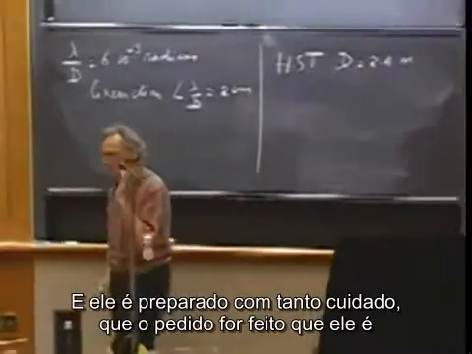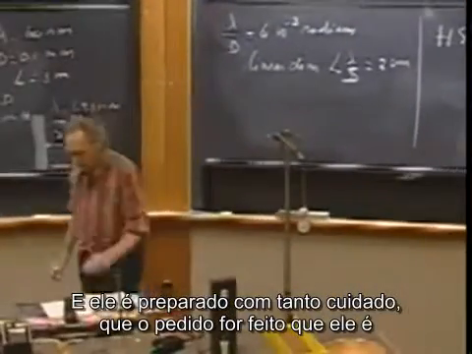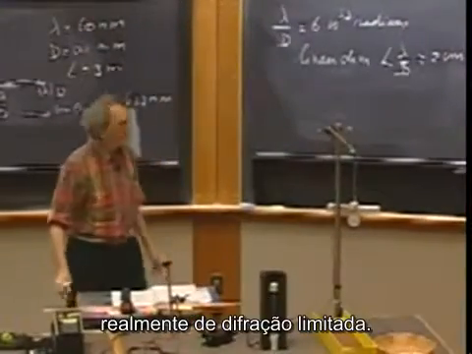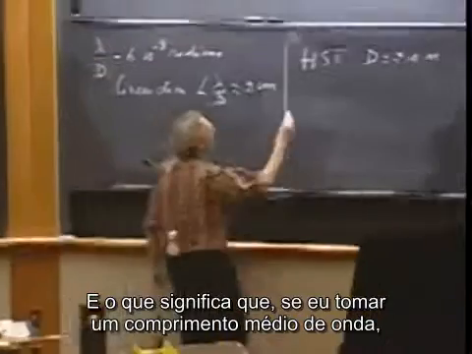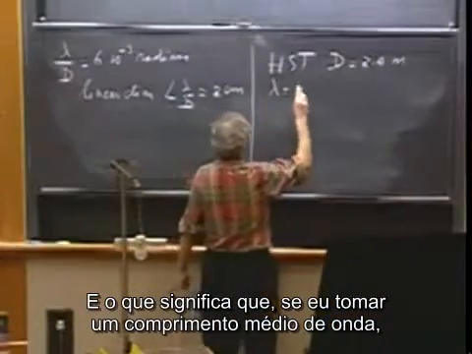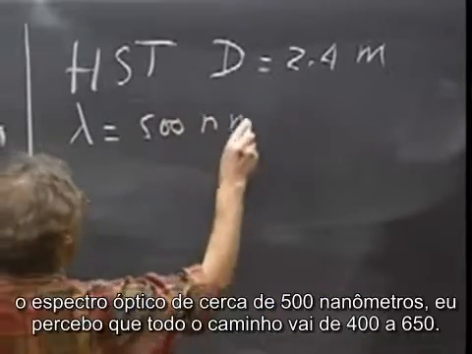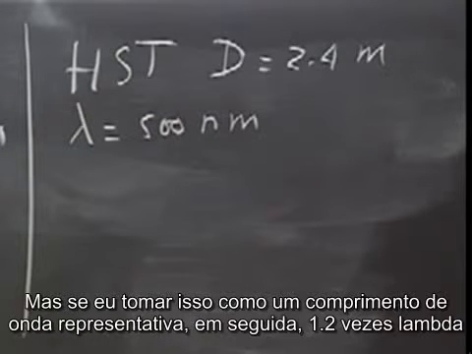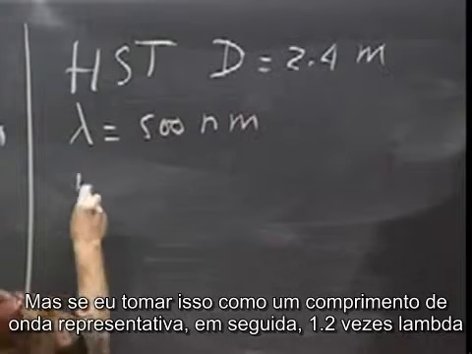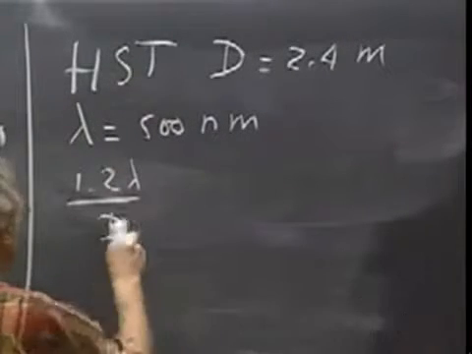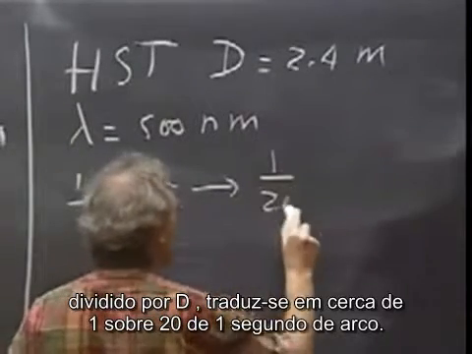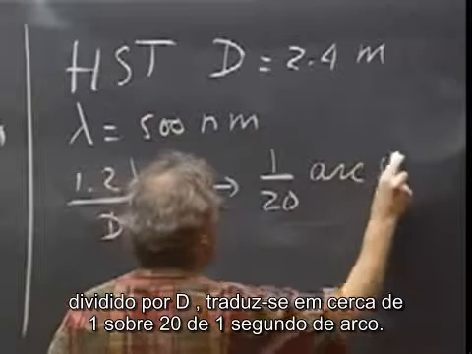And it is prepared so carefully that the claim is made that it is really diffraction limited. So if I take an average wavelength of the optical spectrum of about 500 nanometers, I realize that it goes all the way from 400 to 650, but if I take this as a representative wavelength, then 1.2 times lambda divided by d translates into about 1/20th of an arc second.